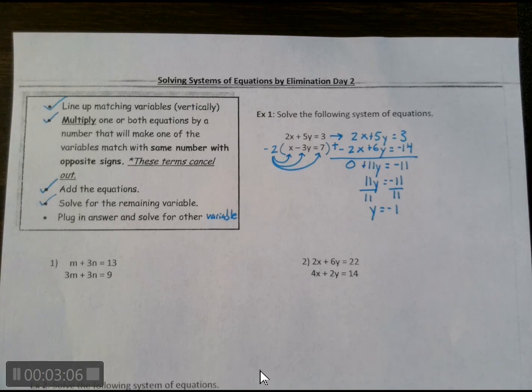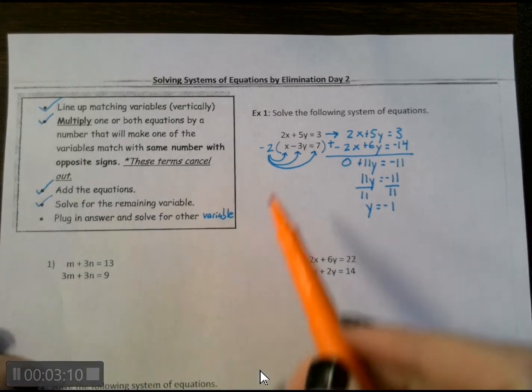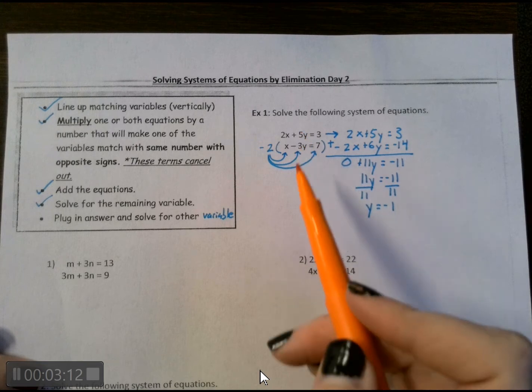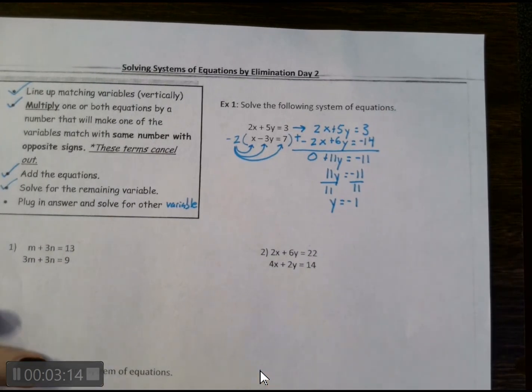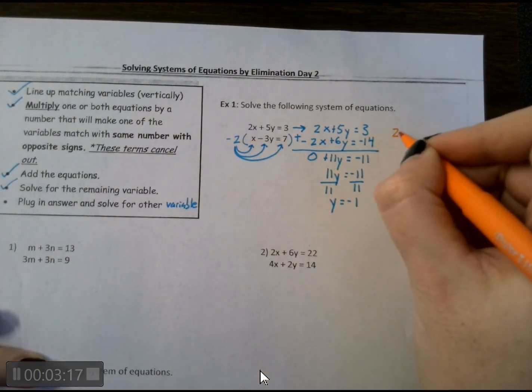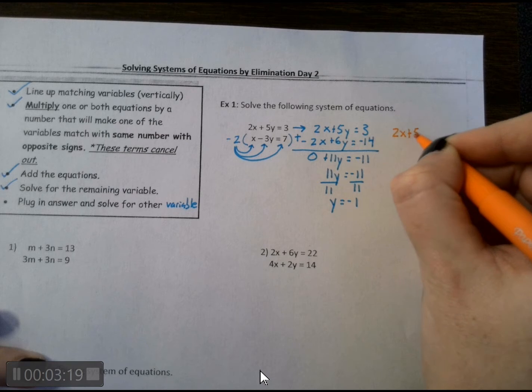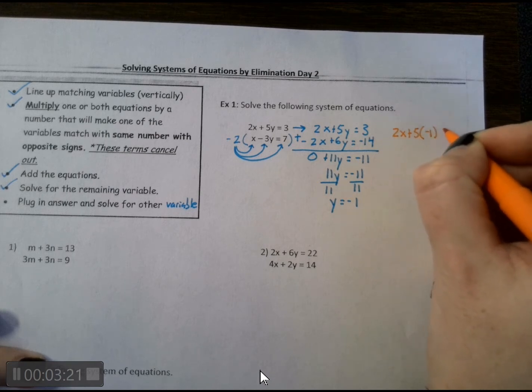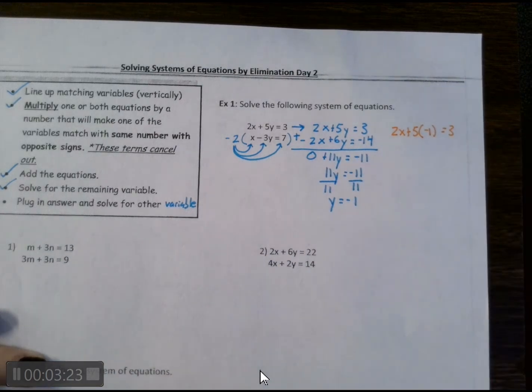Okay. All right, so I'm taking my y equals -1, and it does not matter which equation you use. So let's use the top one. 2x plus 5 times -1 equals 3. Okay?